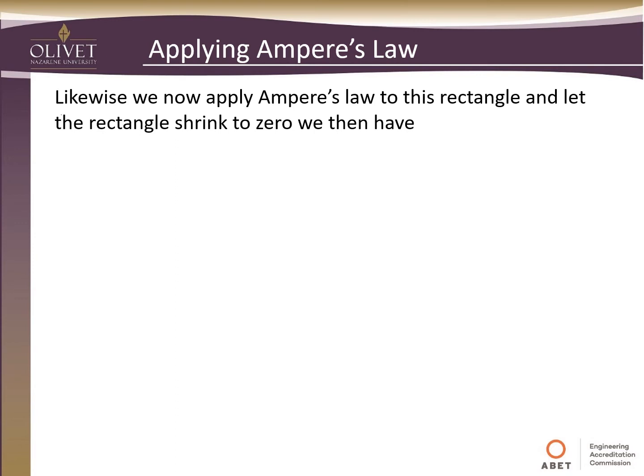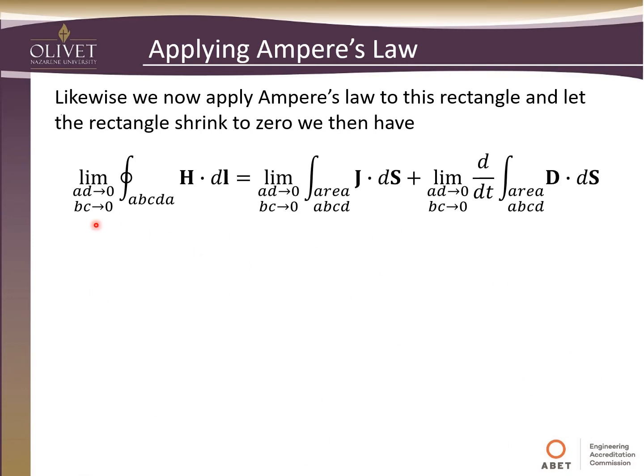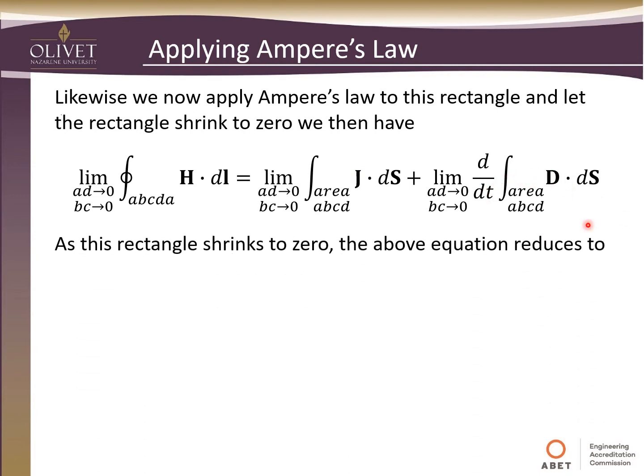So just as we did with Faraday's law, we can now do the same thing with Ampere's law. So again, for this rectangle, we're going to take the limit and shrink this down using Ampere's law. So we're measuring the magnetic field around the contour of our rectangle. And then we're going to shrink the area down and keep measuring the current and the displacement current, the time differential of displacement current. So as the rectangle shrinks to 0, this above equation then will reduce to this.